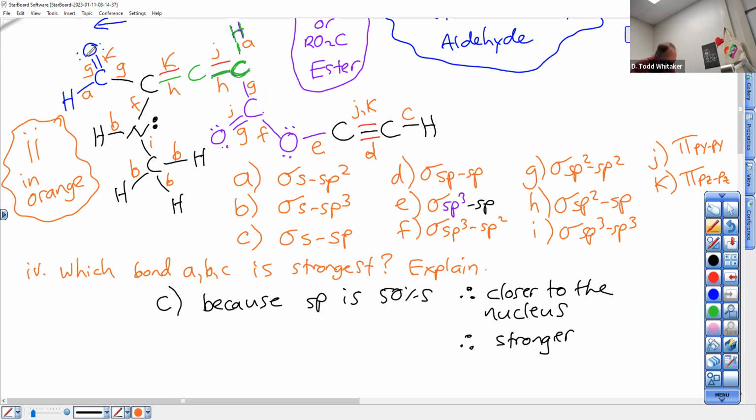No, we're not done. We didn't do the geometry, which I don't think we need a new page for. We'll do geometry part I in pink. So we're just going to do capital A, capital A, capital A. Any more sp2 carbons around?